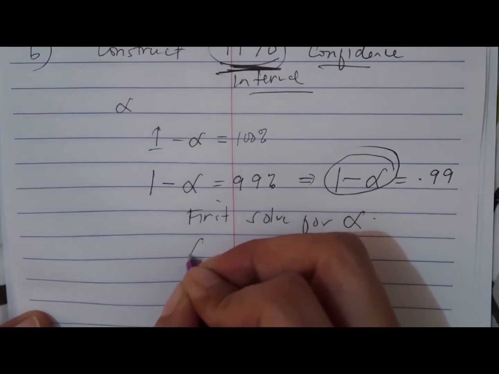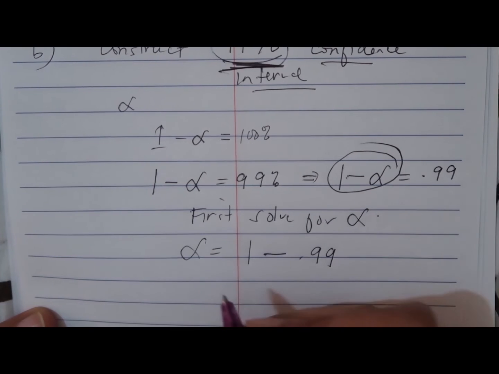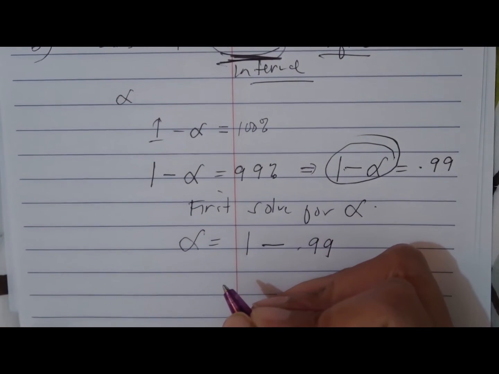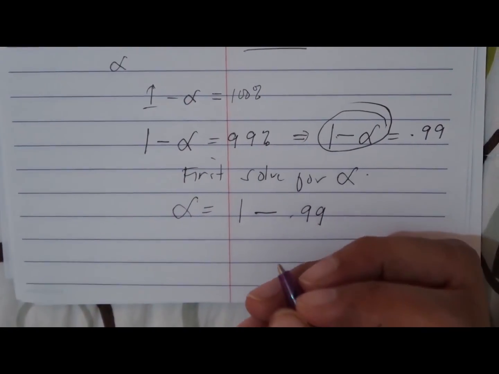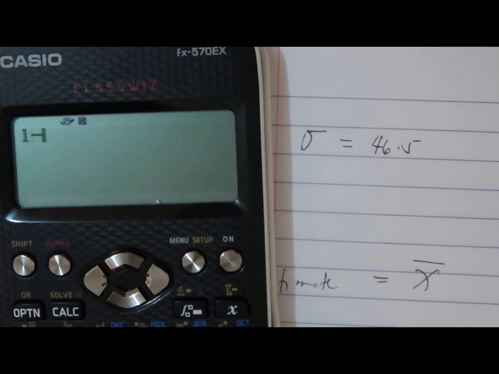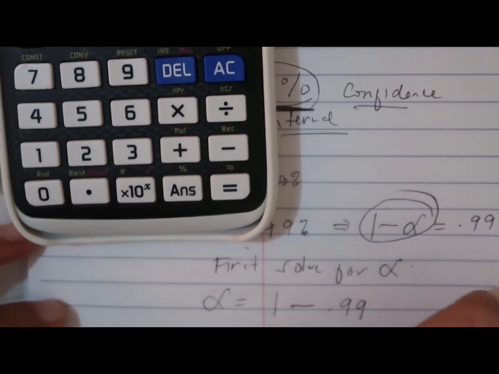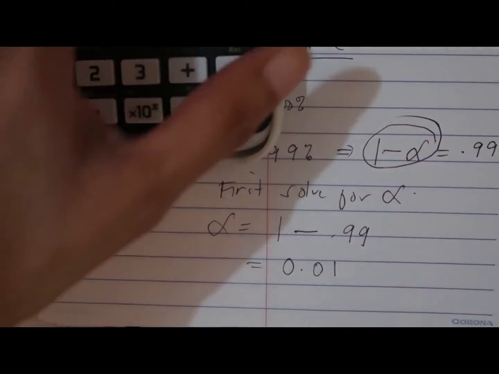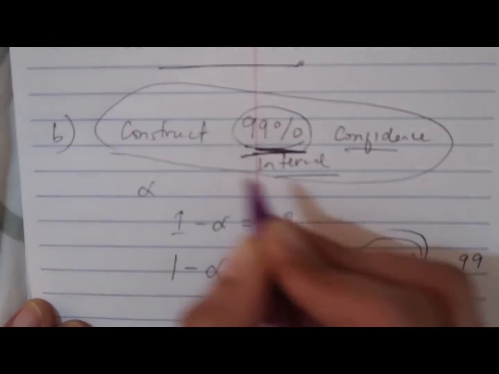Alpha is equal to 1 minus 0.99, and we use a calculator. So 1 minus 0.99 is 0.01.